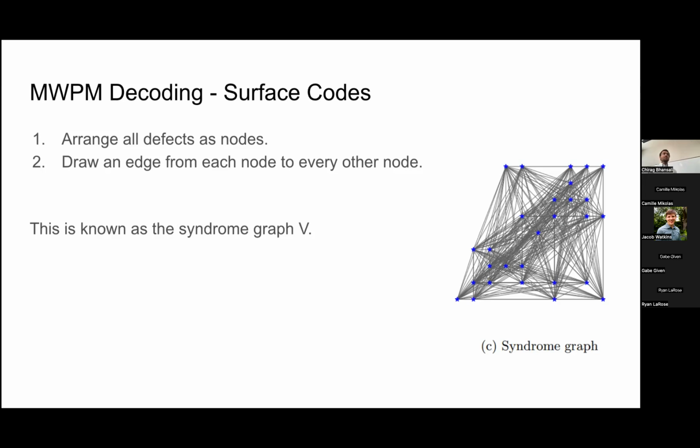Is that a constant 5 extra physical qubits, or does that increase with the number of logical qubits? Oh, it increases in general, yeah.